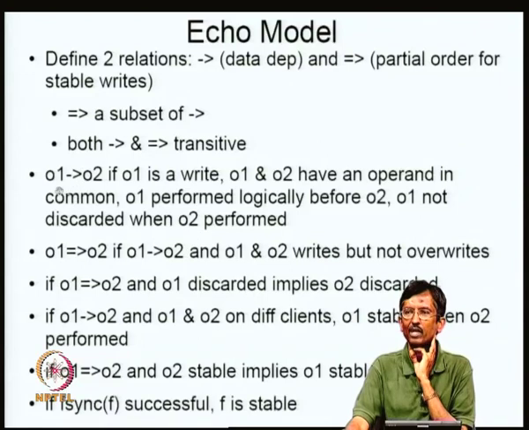This is basically some kind of guarantee. Again, this particular system has a small optimization. There is this particular rule, O1 double arrow O2, and this is saying that in case O1 arrow O2, both O1 and O2 have to be writes, but not overwrites.